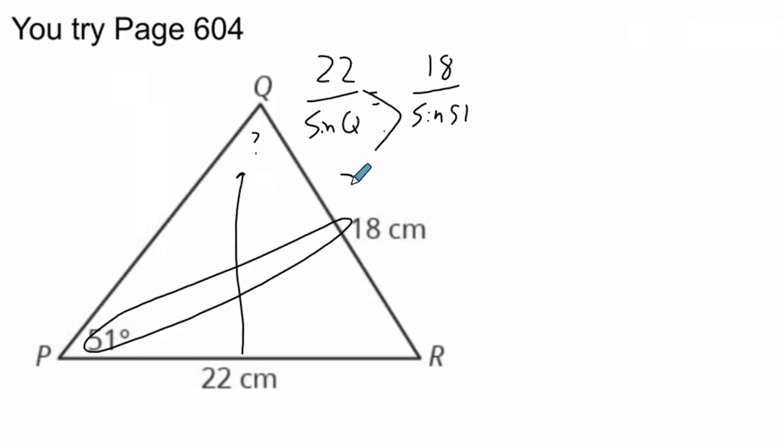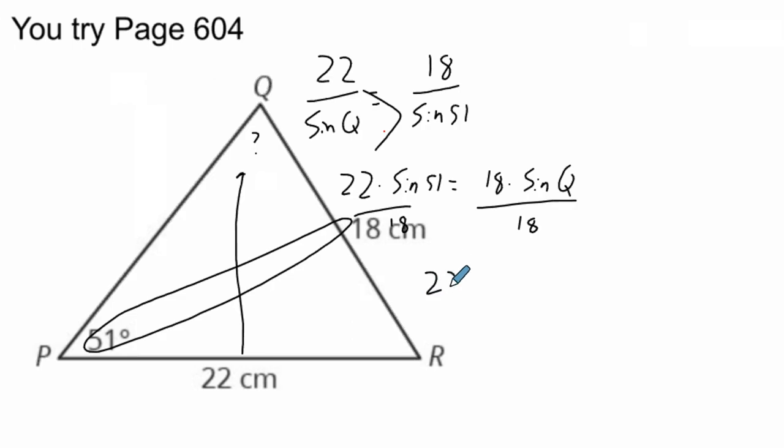So I'm going to get 22 times the sine of 51 equals 18 times the sine of Q. I'm going to divide by 18. So I have 22 over 18 times the sine of 51 equals the sine of Q. How do I undo a sine?